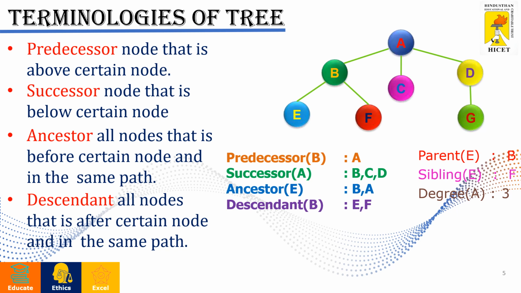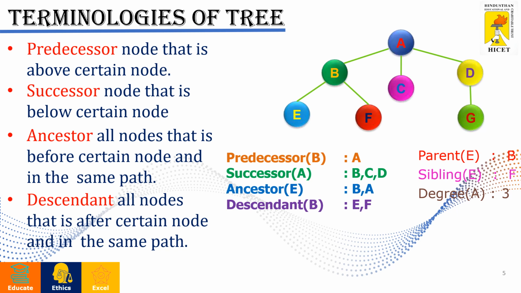Then we have ancestor. Ancestor is the full path from the current node to the root node. All the nodes that are before a particular node on the same path are known as ancestors. So from this diagram, the ancestors of E are B and A, so all the nodes above that particular node.